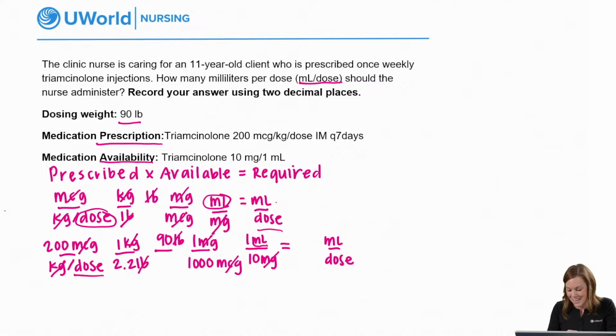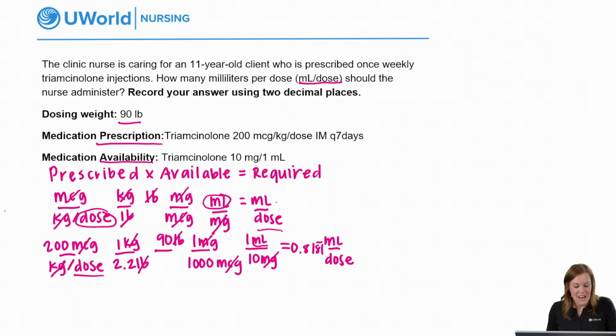So you're going to do 200 times 90. Then we're going to move to the bottom. We're going to say divide 2.2, divide 1,000, divide 10. And your answer, you're going to see, is 0.8181 that repeats. Okay. So that's where we're at.